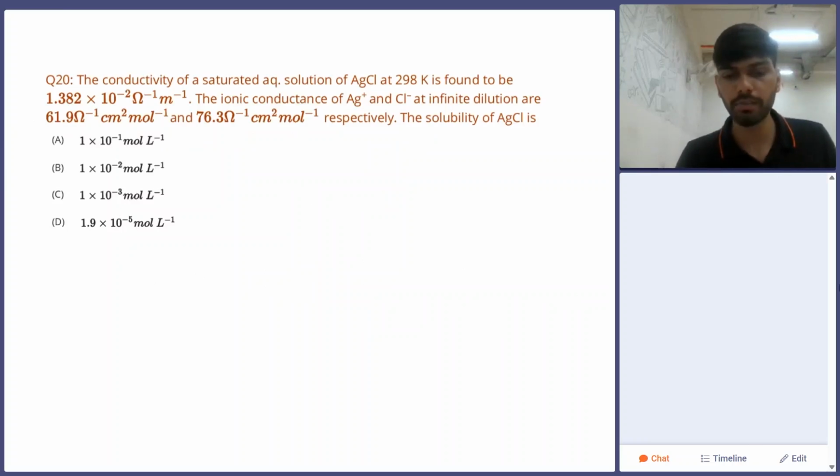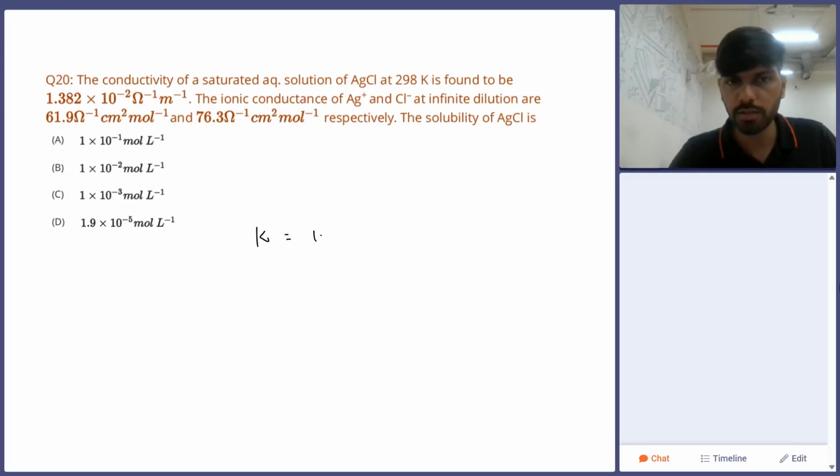Next, the conductivity of a saturated aqueous solution of AgCl at 298 Kelvin is found to be 1.38 into 10 power minus 2 ohm inverse meter inverse. The ionic conductances of Ag plus and Cl minus at infinite dilution are 61.9 and 76.3 respectively. We have to find the solubility of AgCl.